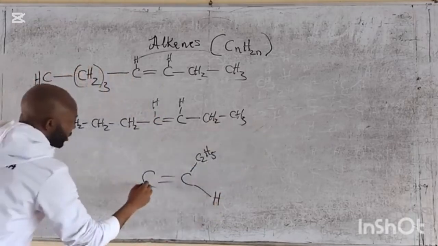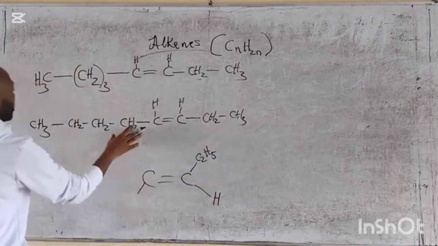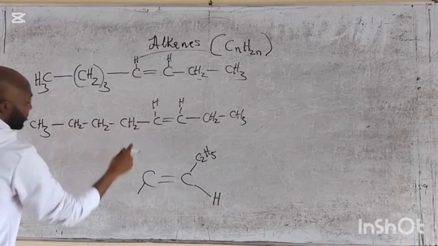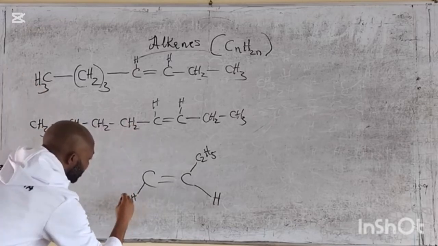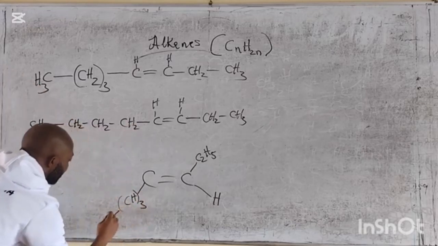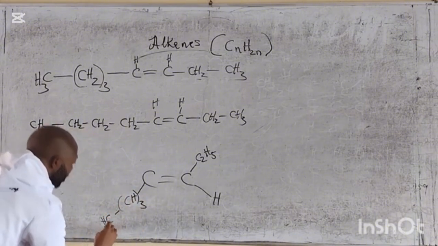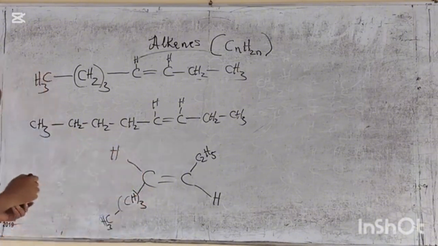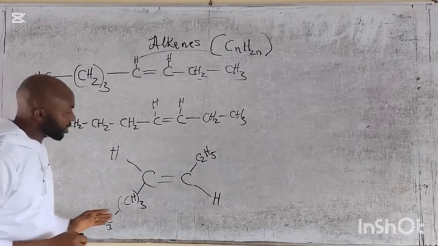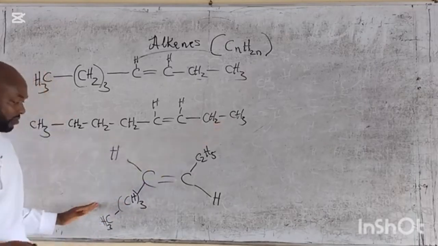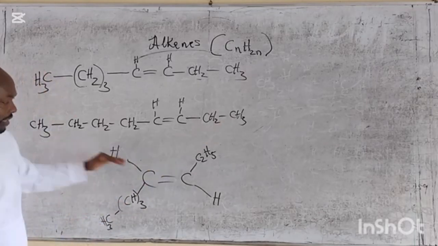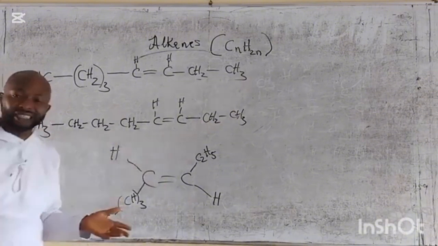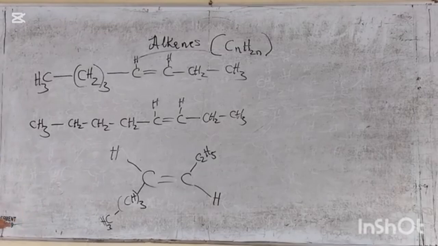I'll come here and put my CH3, then three CH2, then CH3. So this is one, and this is another hydrogen. So you see that I've been able to arrange it in a trans manner. Alright? And I can still arrange this, bring this one up here and put it here in a cis manner. So that is how this thing goes.